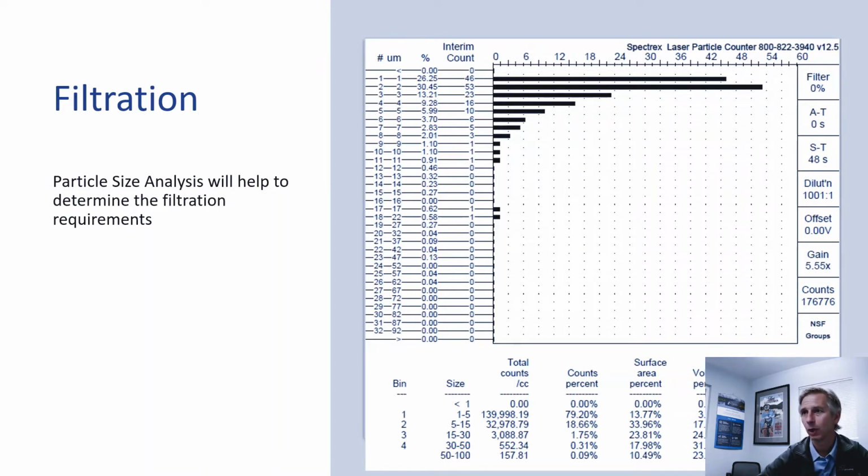And from the graph, you'll see in this case that a majority of the particles have a 1 to 5 micron size as a percent of the total. It is a majority of the particles in the water.